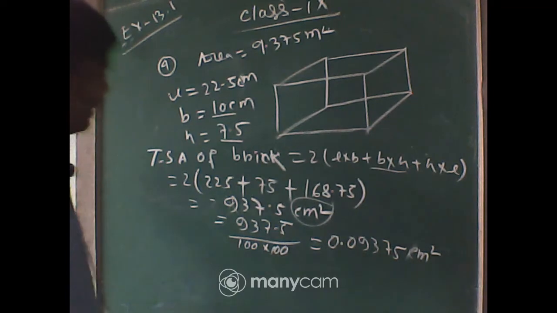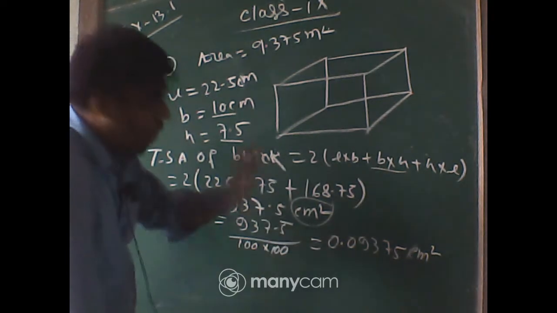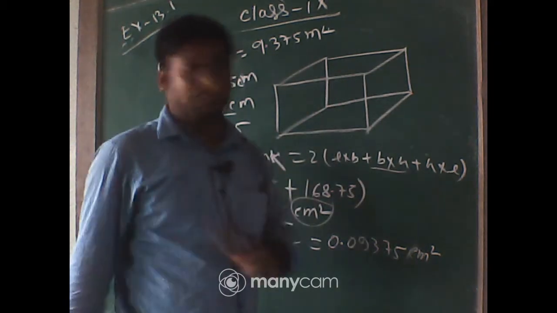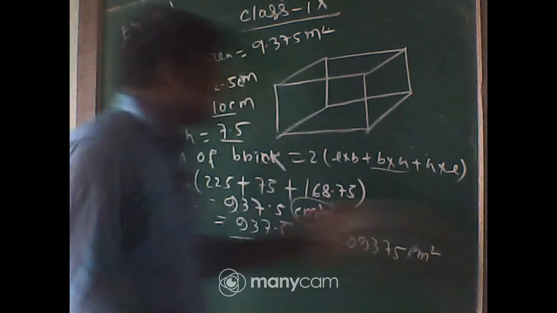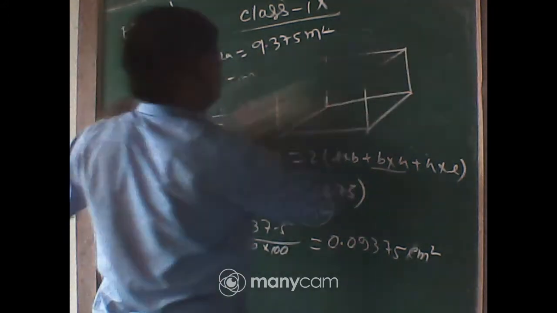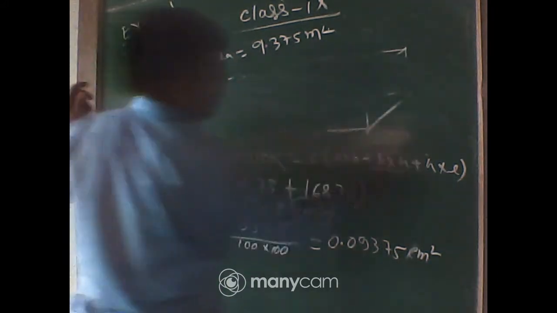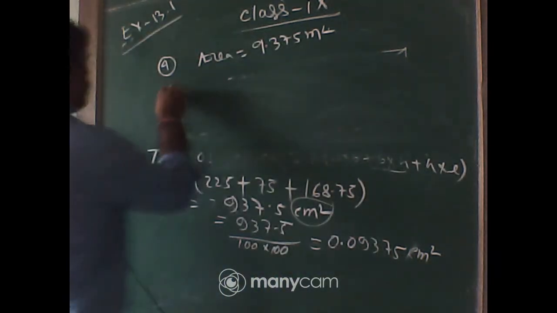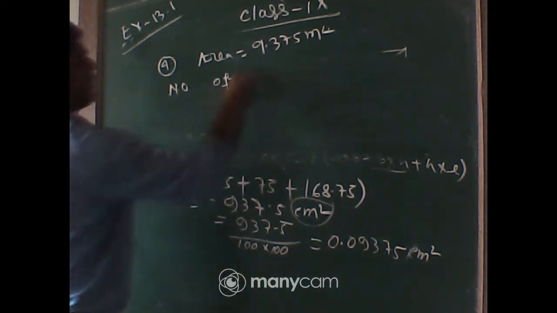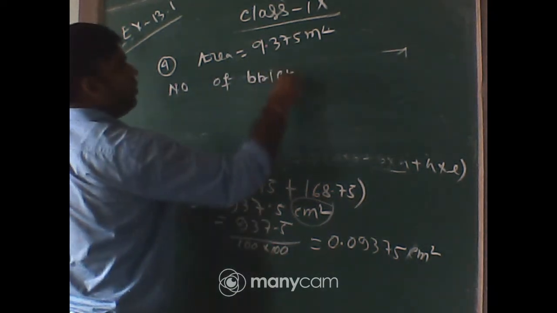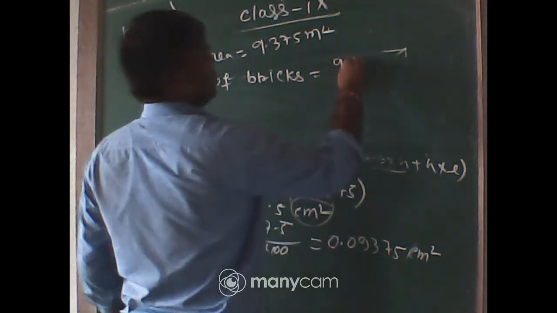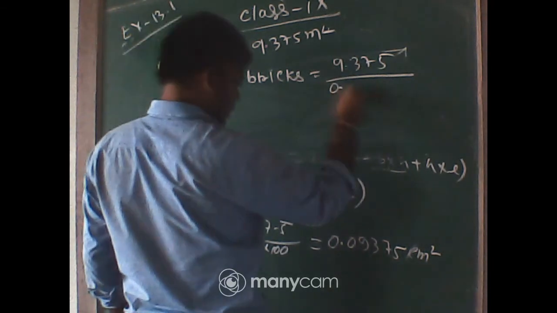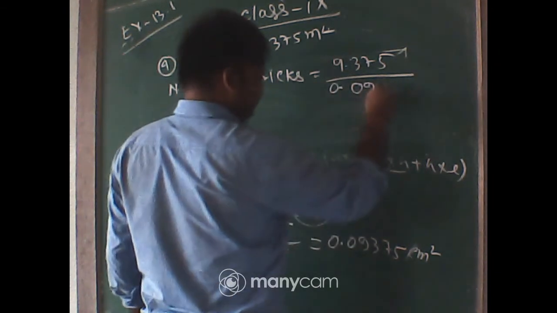Now to get that area, how many bricks are needed? To get that number, we need to divide: number of bricks equal to 9.375 by 0.09375.